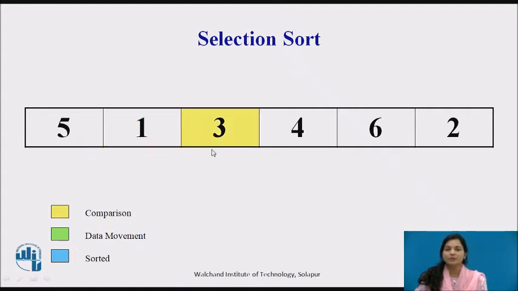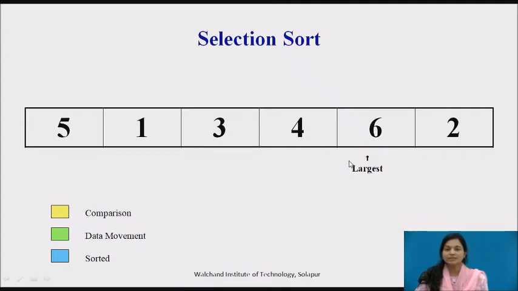Then 5 is compared with 3, still 5 is largest. Then it will be compared with 4, 5 is largest. Now it will be compared with 6, and 6 is the largest one. So we are exchanging the largest value, 6.